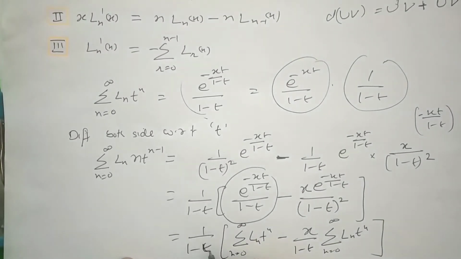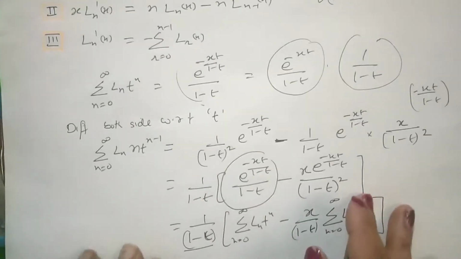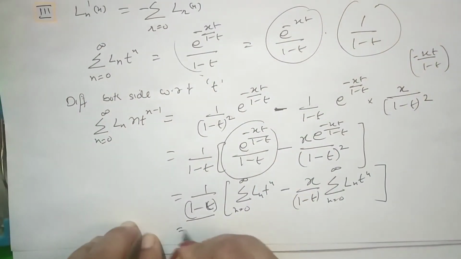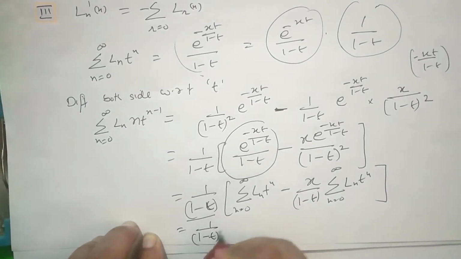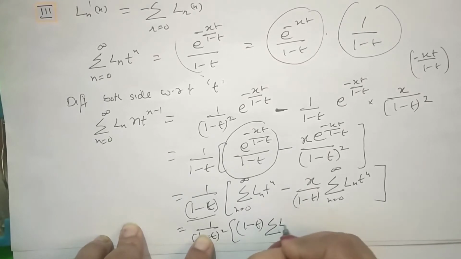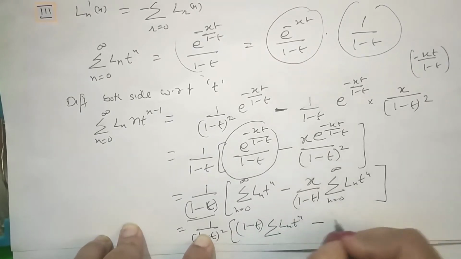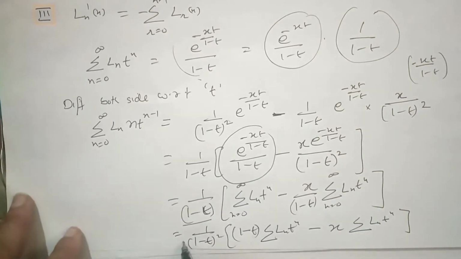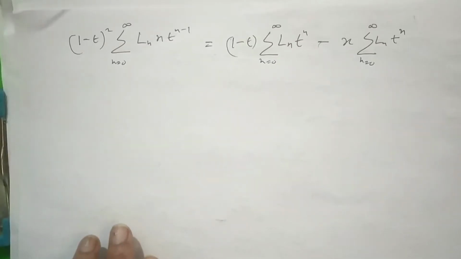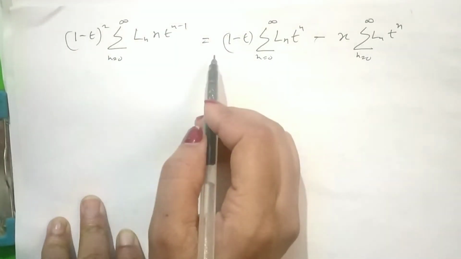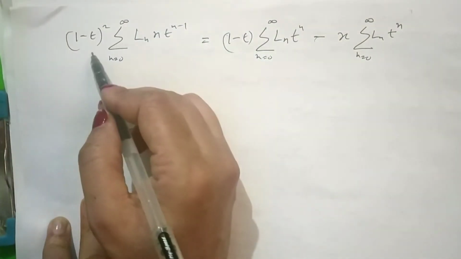So now we take this 1 minus t and also this one. We take more 1 minus t common. So it is 1 upon 1 minus t square here, and this is 1 minus t into summation L_n t raised to power n minus x into summation L_n t raised to power n. Now we take this to the other side. This is what we have after taking the term 1 minus t square on the other side.